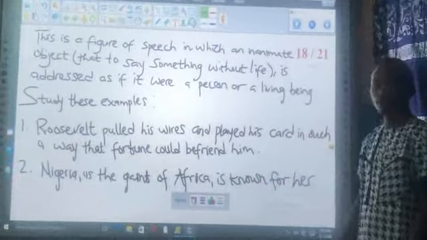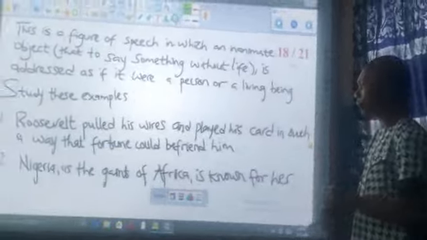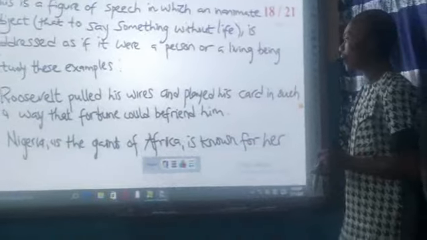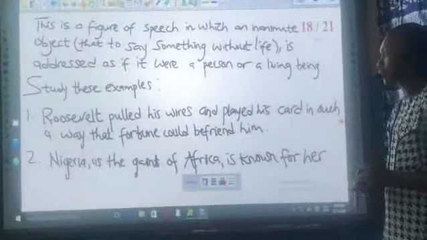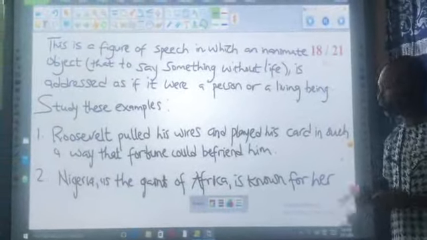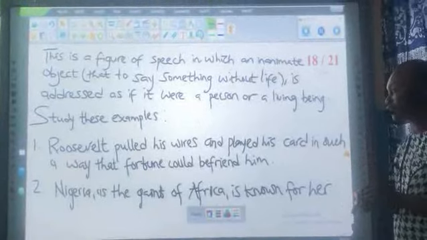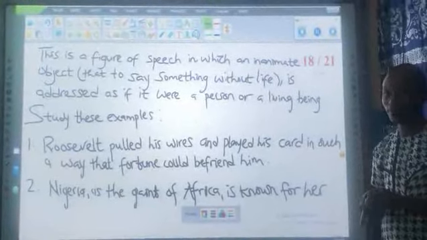We have example 1. Roosevelt pulled his wire and played his card in such a way that fortune could befriend him. Roosevelt pulled his wire and played his card in such a way that fortune could befriend him.